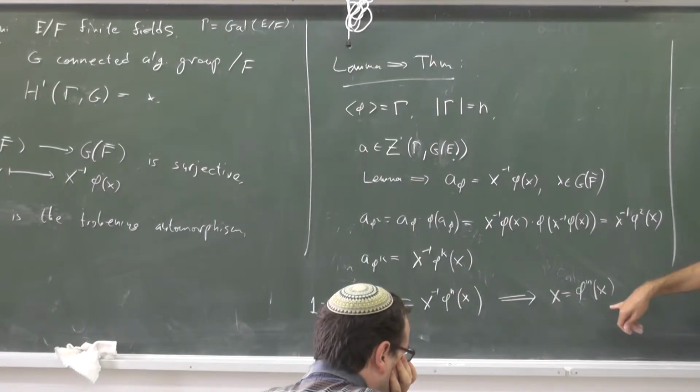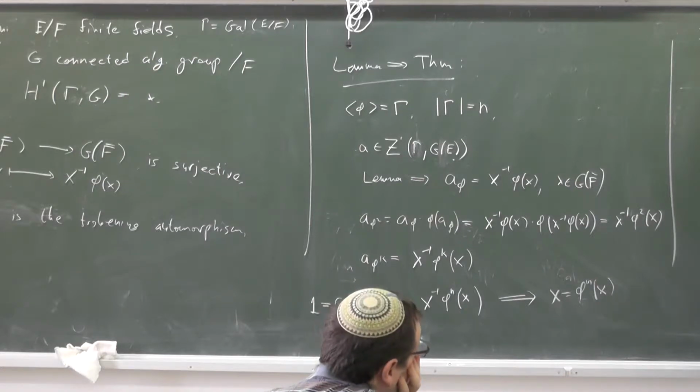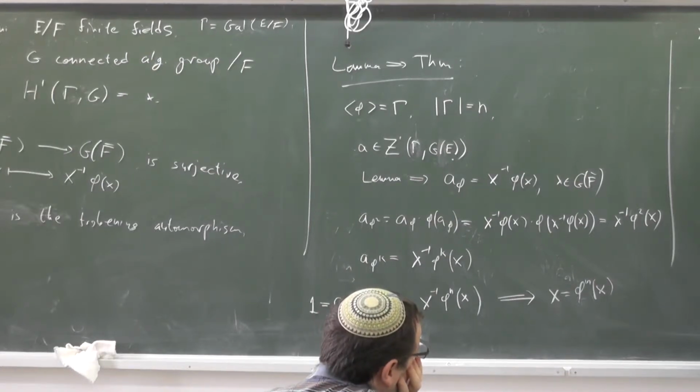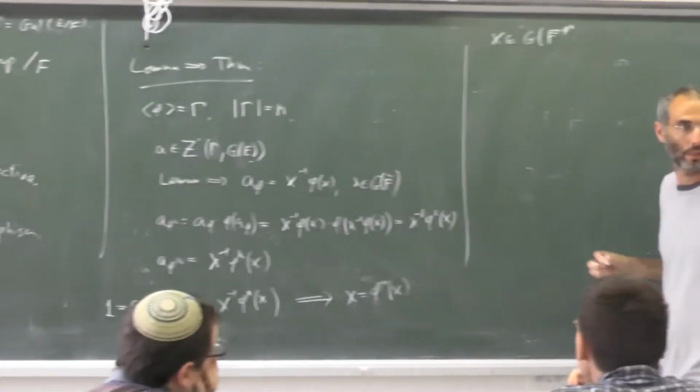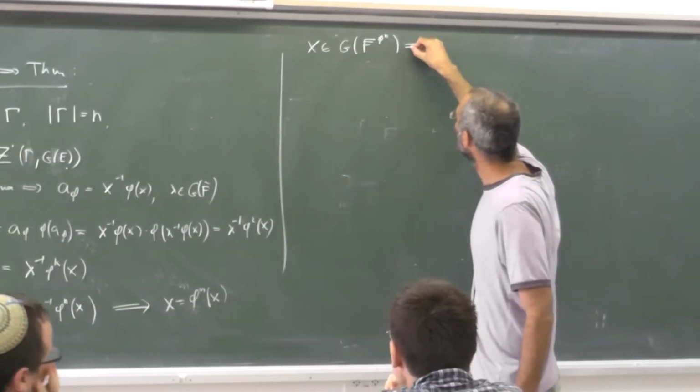So x is in the fixed points of phi to the n. What is the fixed point of phi to the n? Just tell me.